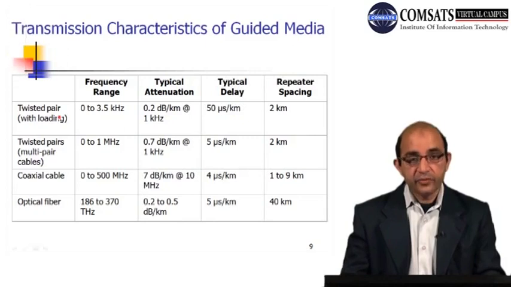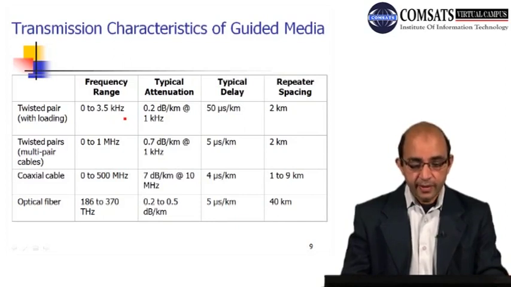If we talk about the twisted pair, these are the frequency ranges, and you can see that voice falls in this frequency range. So it is very natural to convert our voice into electrical pulses and transmit that voice over the twisted pair. The attenuation is 0.2 dB per kilometer at 1 kilohertz.